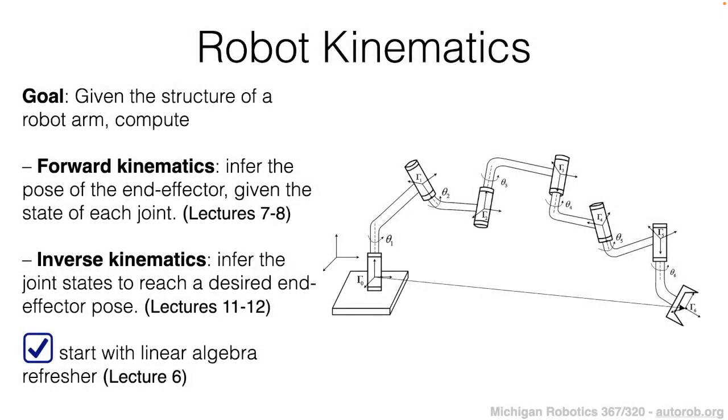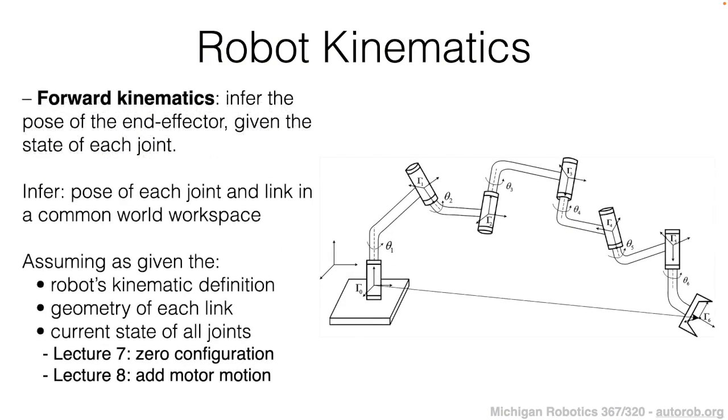So if we go back and consider robot kinematics, here was the summary that we had. What we're going to be focusing on for this lecture is just the forward kinematics component. Within forward kinematics, the goal is ultimately to infer the pose of each joint and each link that makes up this serial chain robot within a common frame of reference, which we'll call the world workspace. As input, we're assuming we have knowledge of the robot's kinematic definition, the geometry of each link, and the current state of all the joints on the robot.